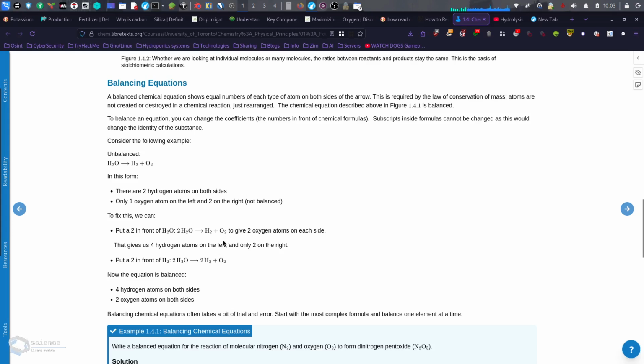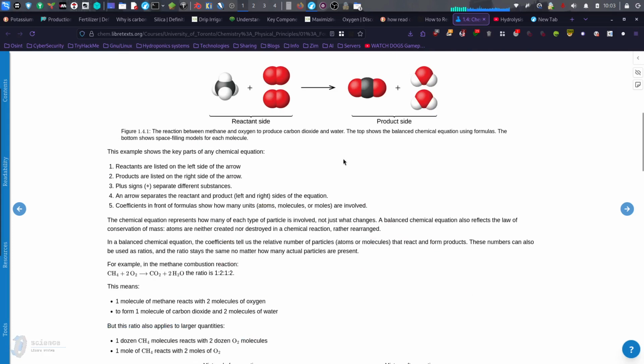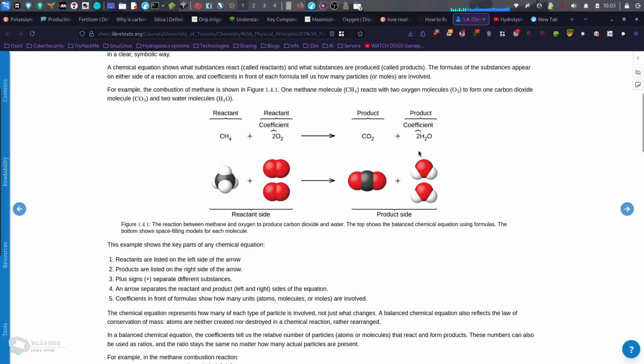I think that is not correct. We have 2 molecules of water. This means we have hydrogen 1, 2, 3, 4, because of 2 molecules. How much hydrogen do we have in 2 molecules?